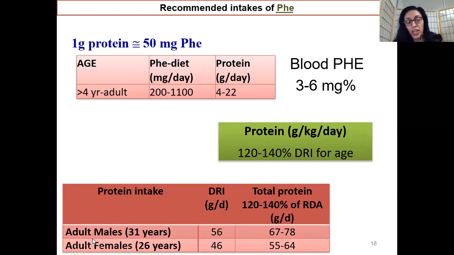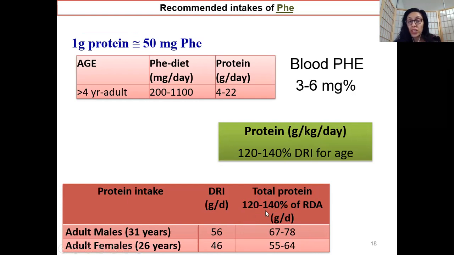All right, so now if we look at a normal healthy male, he needs around say 56 grams of protein per day. But a PKU patient of the same gender, male, who's 31 years of age, so all other baseline characteristics are the same, this individual will not need 56 grams of protein. This PKU individual will need approximately 120 to 140% more of the RDA.